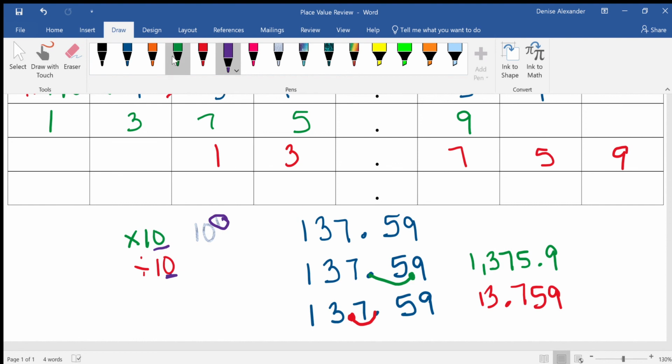So let's say we multiply by 100 or divide by 100. Well, you guys, another way to write 100 is 10 squared. So I'm looking at the exponent. It's telling me 2 spaces, or I'm looking at the 100 with 2 zeros. Again, 2 spaces. So we move our digits 2 spaces for a place value.